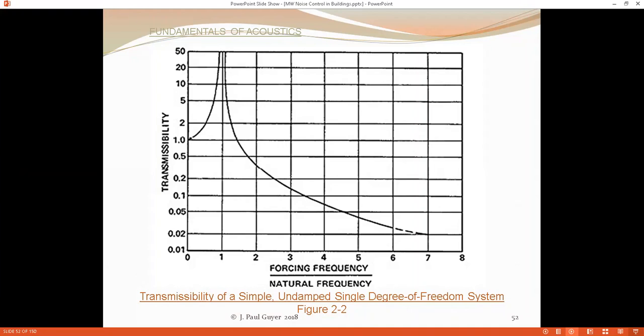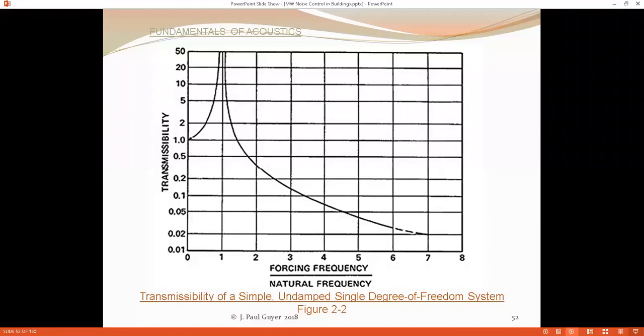The amplitude of the oscillation of the beam increases and increases and increases, and taken to its ultimate resolution, the beam would break.